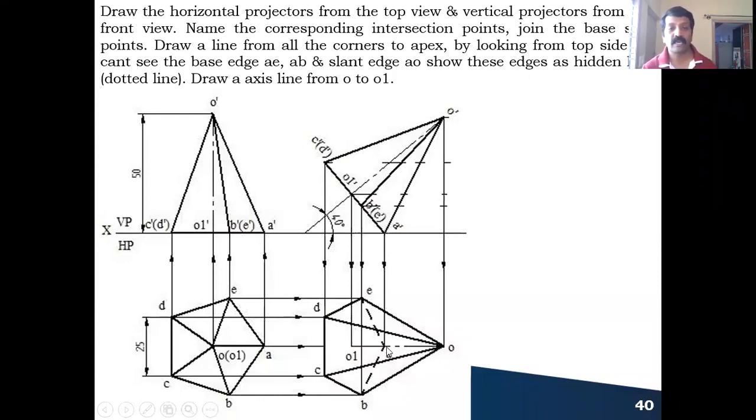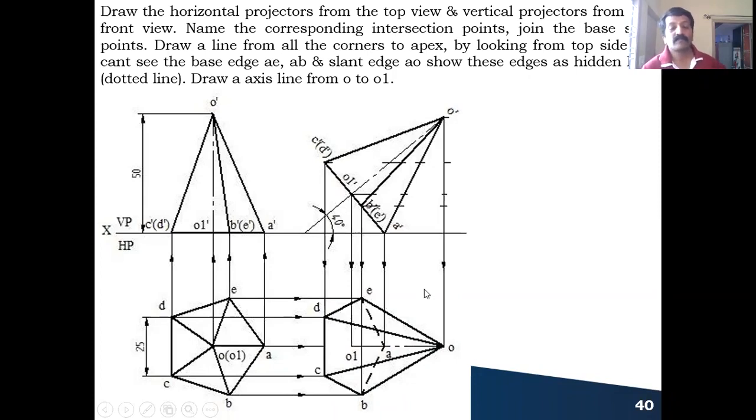So this is A, B is here, B dash is here, this is B, and C is here, C dash is here, this is C, D is here, D dash is here, this is D, E is here, E dash is here, this is E, and base axis point O1 is here and O1 dash is here, this is O1, and vertex point O is here, O dash is here, this is O.